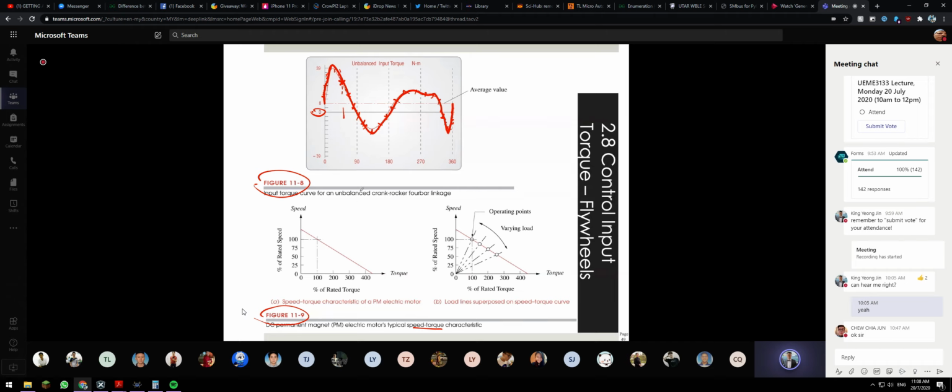When they say this motor's rated torque is, for example, 300 Newton meters, it doesn't mean that your torque at different speeds will always be 300 Newton meters. You can see that at lower speed it has a higher torque, and at higher speed it has a lower torque.